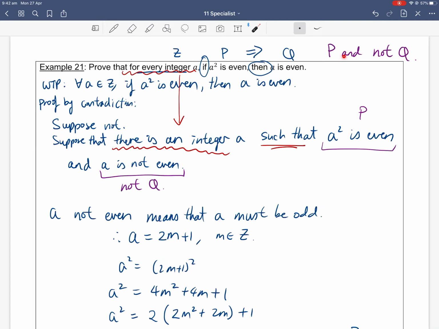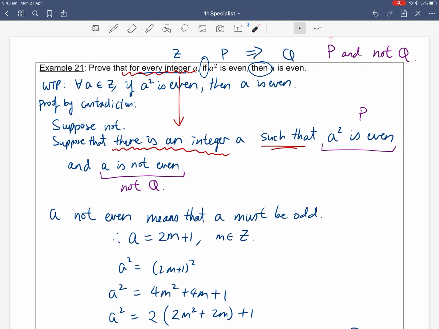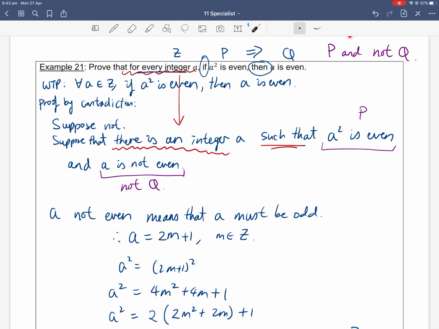So suppose P and not Q, because the opposite of if P then Q is P and not Q. If we can somehow show that we have a contradiction, then it means whatever we assumed is false, and then a false negation means that the original statement must be true.